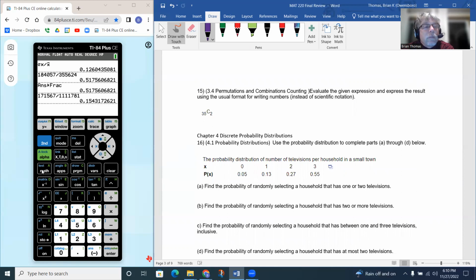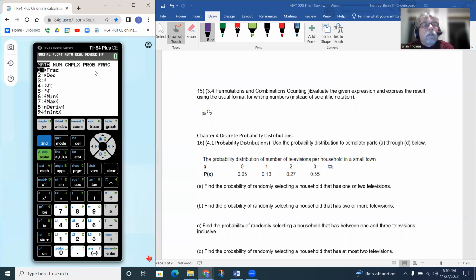Remember, if I use the math button, the menu across here is probability, and notice that number 3 is going to be that. But to do this, we actually have to choose the n first. So if I choose the 35 and then hit the math button, go to probability, go down to number 3, notice how it's now waiting for the 2, hit enter.